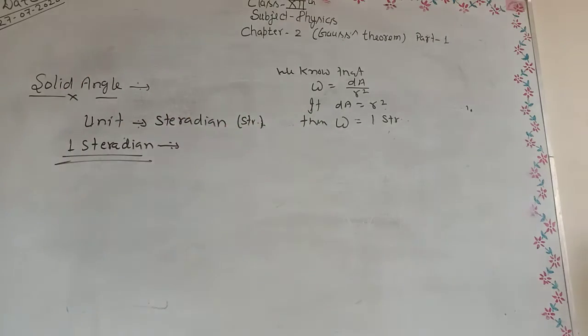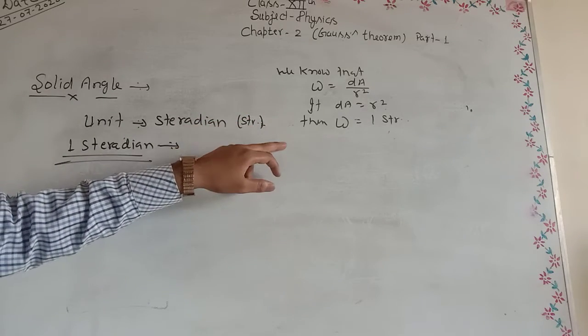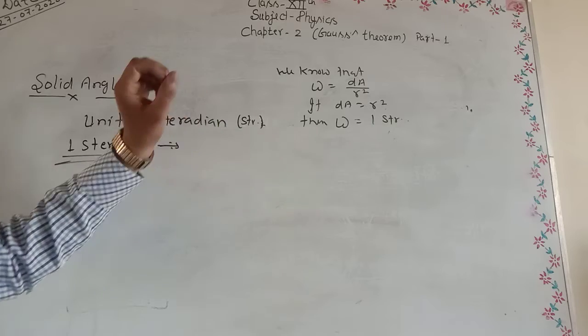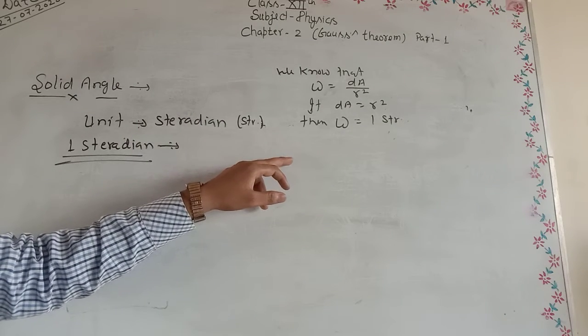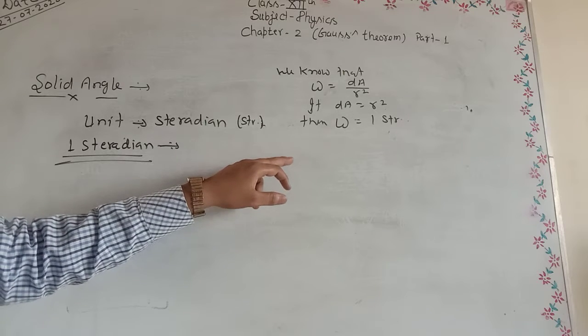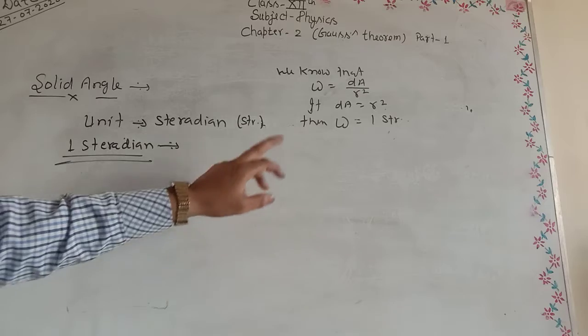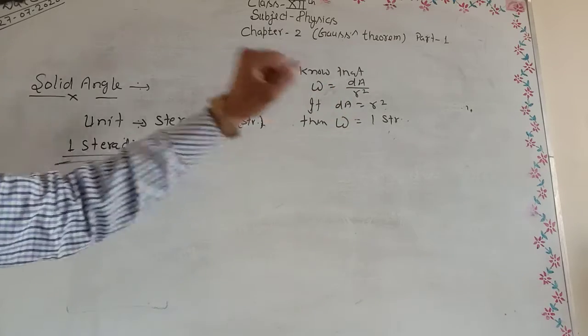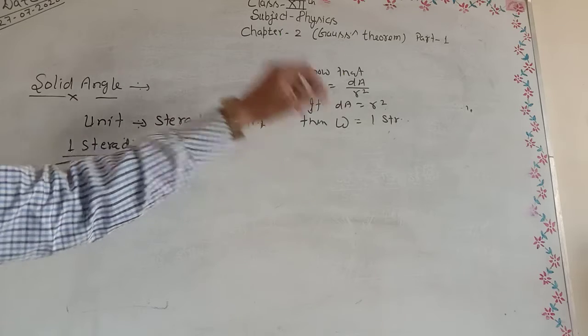Thus we can say that 1 steradian is the solid angle subtended by a part of the surface of a sphere at the center of the sphere when the area of the part is equal to the square of the radius of the sphere.